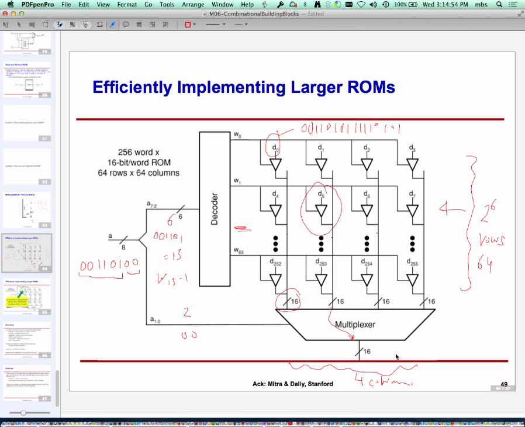At their intersection, I have 256 locations. Each location is 16-bit wide. It will have 16 tri-state buffers feeding into a 16-bit bus. So these columns that are running are 16-bit wide. See how there's a 16-bit out here? At each location, I have 16 parallel tri-state buffers feeding into a 16-bit bus.